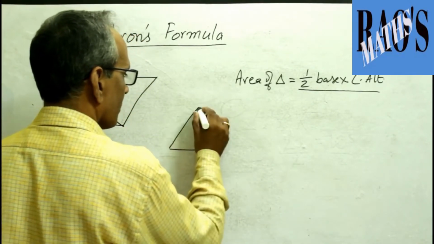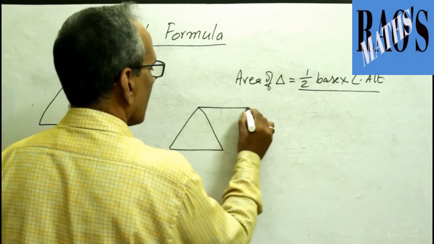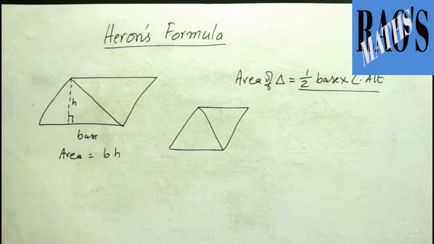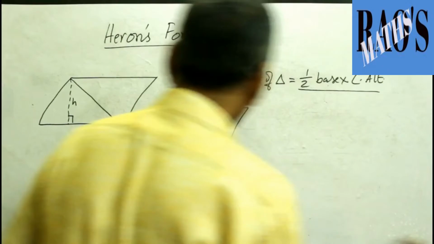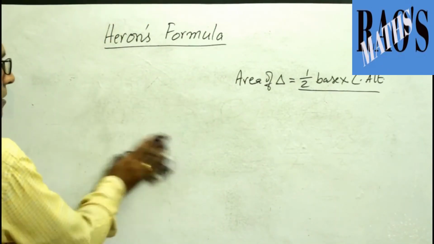Suppose, for example, this is one more triangle. It is also half of a parallelogram, half BH. So this way the half BH is derived, and of course we use this formula also in our later sections.